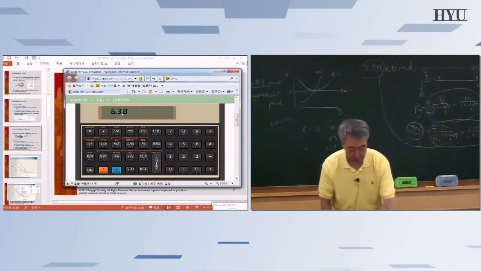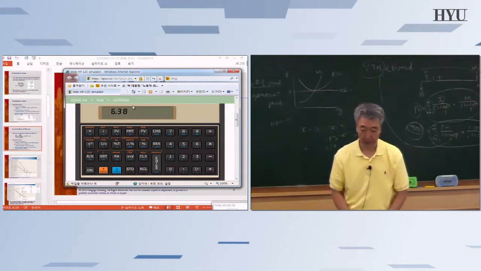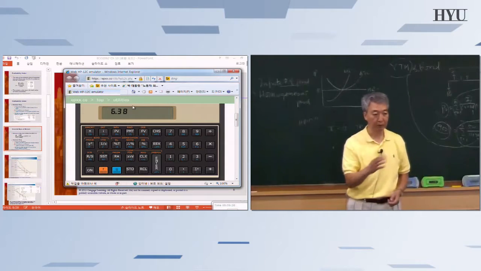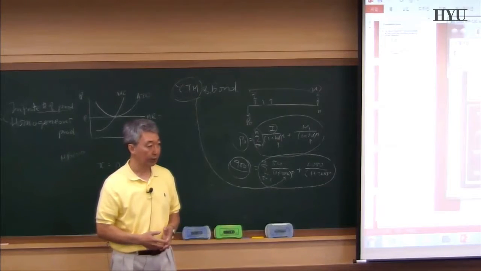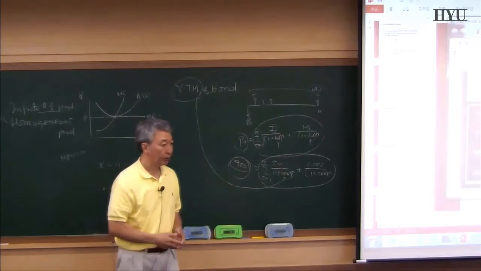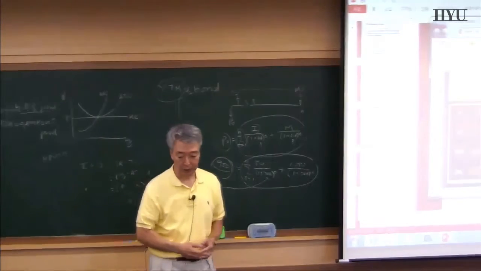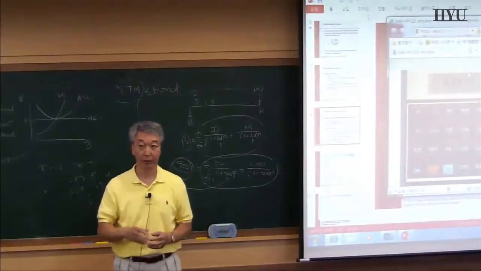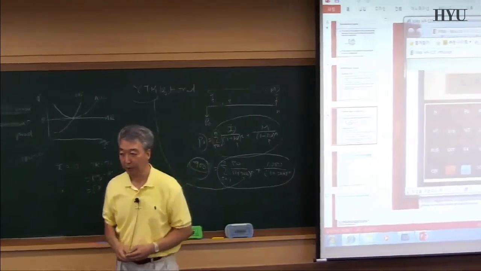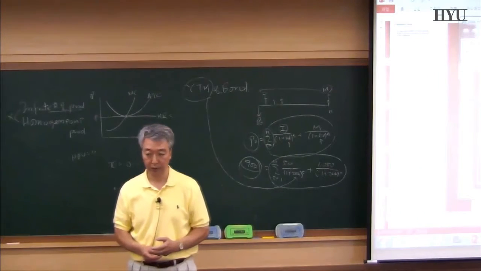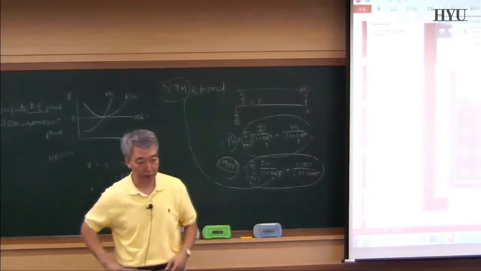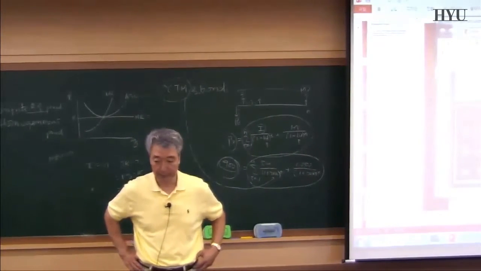Yeah, 6.38%, right? That's the internal rate of return. So if you have a financial calculator, you can solve this problem very quickly. But otherwise, it's going to take a lot of time to calculate the internal rate of return.